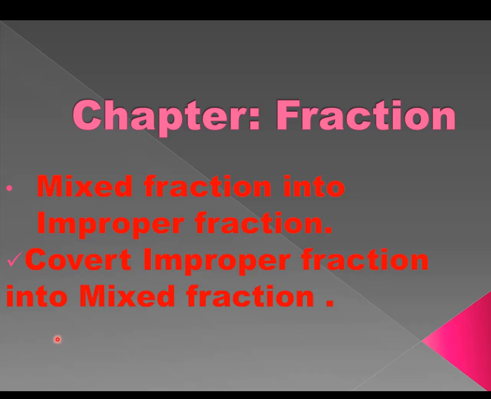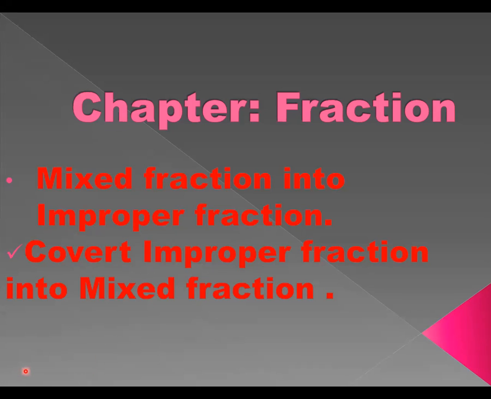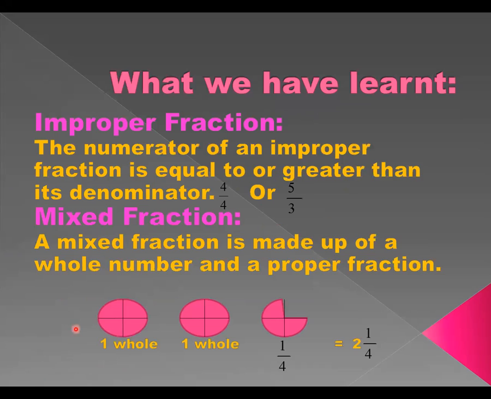In your previous lecture, you have already learned what are proper fractions and what are improper fractions, and what exactly the connection is between the improper fraction and the mixed fraction. So first of all, we are going to revise that and then we will start our conversion.